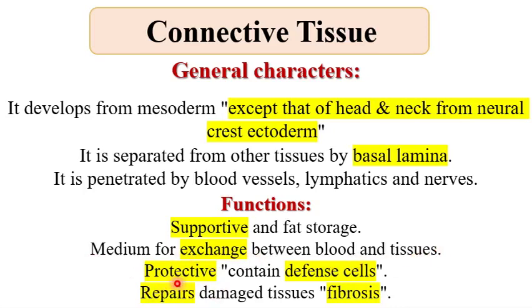It has a protective function as it contains defense cells, such as macrophages, which we will discuss later. It repairs damaged tissue, as in fibrosis, because it contains a cell called the fibroblast, which we will talk about later also. So, the functions of connective tissue generally are support, fat storage, a good medium for exchange between blood and tissues, protection, and repair. Okay?